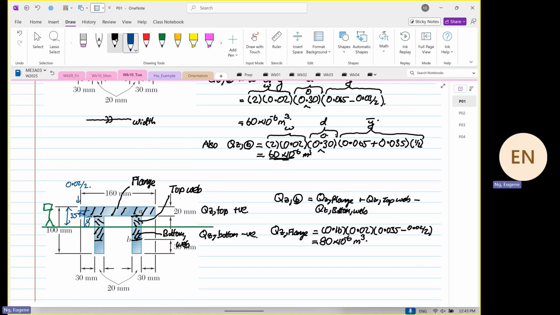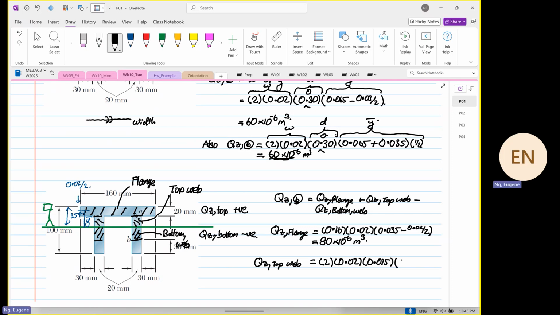So the next thing that we're going to identify is we are going to find the QZ, and we are going to look for the top web. Okay. So we have to include 2 because of left and right. The width is equal to 0.02. The depth is equal to 0.015.